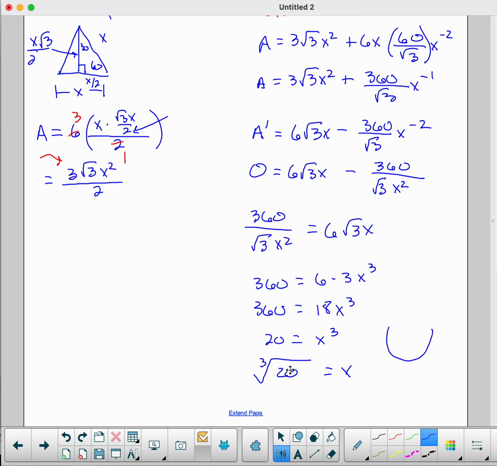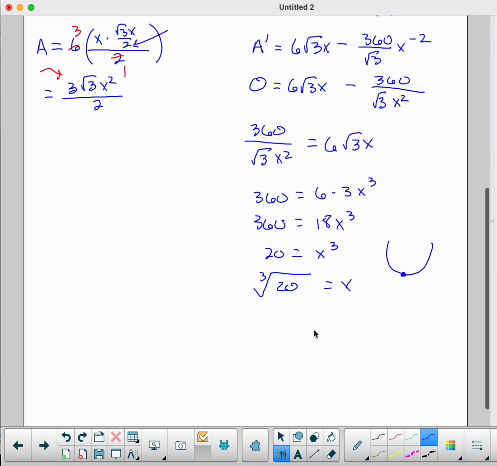So if we find a critical point, it must be a minimum. That's a down and dirty way to do it. So here's A prime right here. The second derivative is going to be what? 6 root 3. That's positive. A negative 2 times a negative 1 is a positive 2. So we are in business.